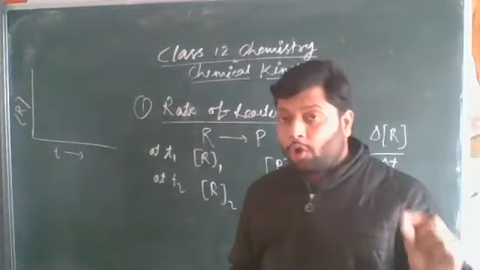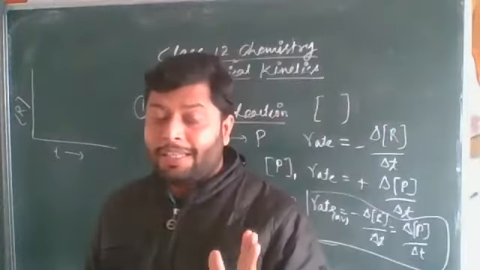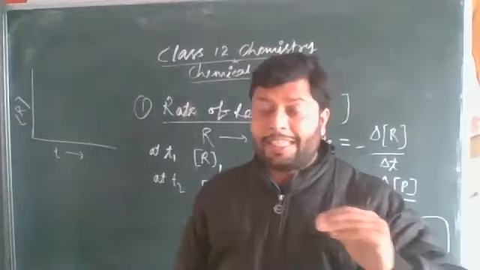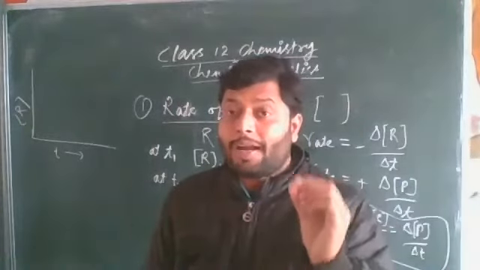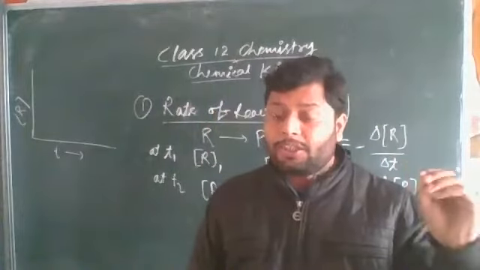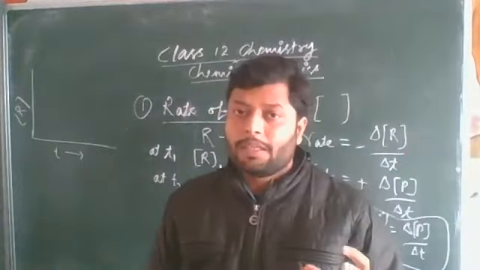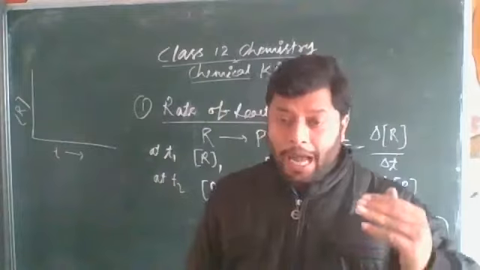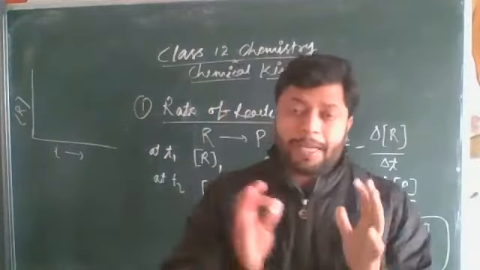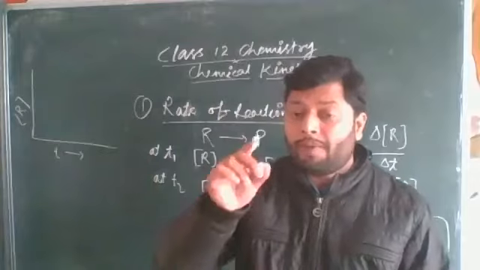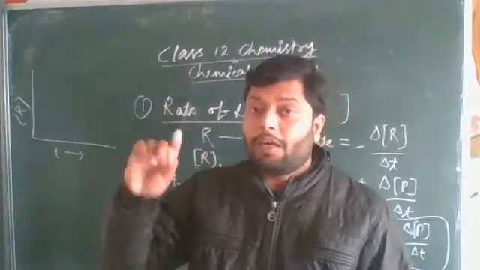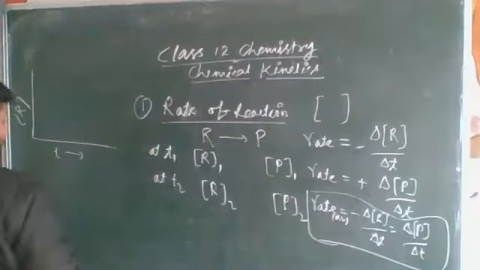First, the slope will not be a regular straight line, because the decrease in concentration of the reactants with time will not be uniform. At the very start when the reaction begins, the consumption will be fast. As time passes, the consumption of reactants will slow down. So there will be non-uniformity and we get a curve.